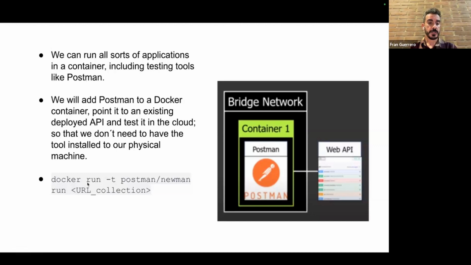But by running only this command, if you don't have that image on your machine, it is going to download the image. So don't worry about downloading from the Docker Hub. You just need to run this command in your command line. So running docker run -t and the name of the image, of course, and the URL to your collection. This is going to execute the collection.